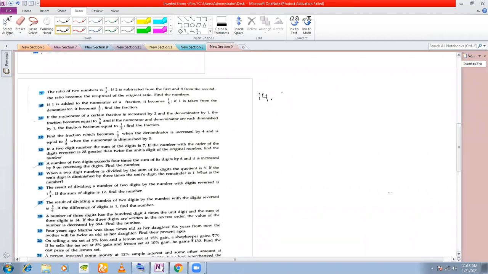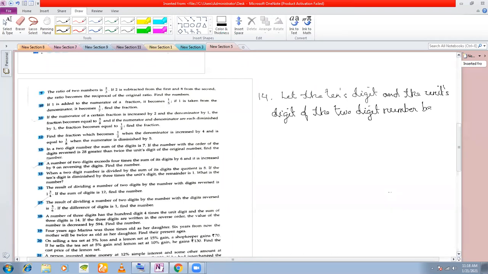Let us first start by saying let the tens digit and the units digit of the 2-digit number be x and y respectively.